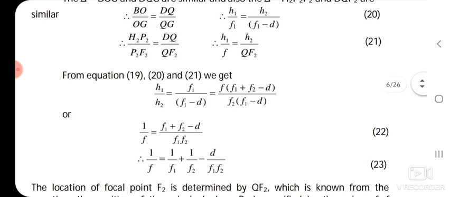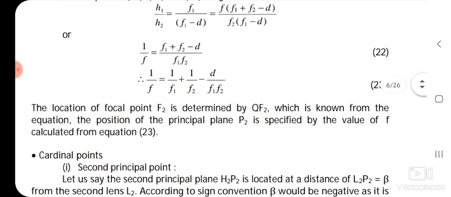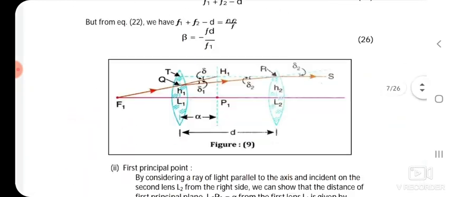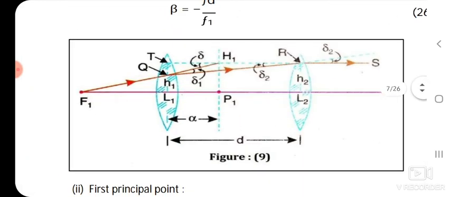After that, we have to derive its cardinal points. If we see this diagram, first we will find the second principal point. Let us say the second principal plane H2 P2.